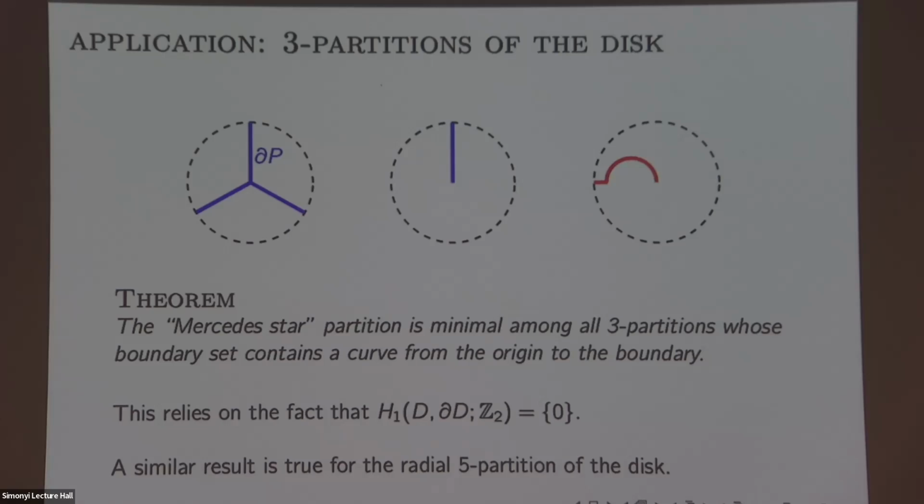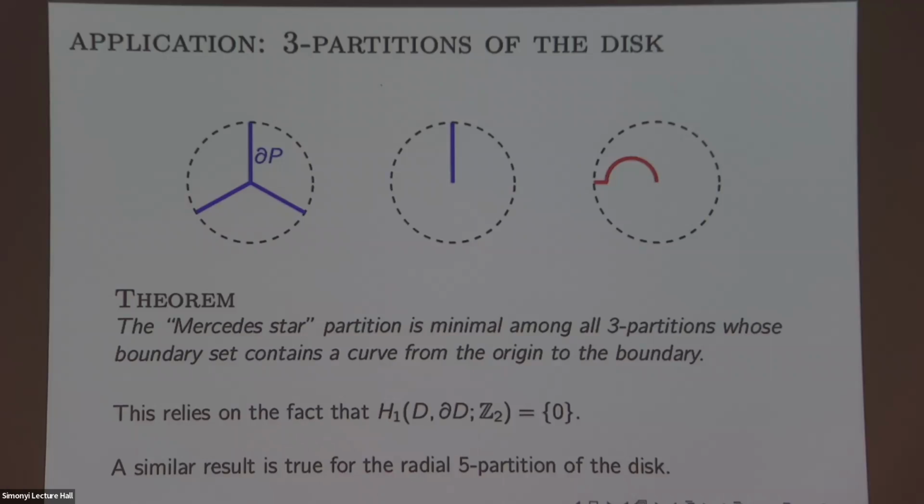In this case, it's exactly that the boundary set contains a curve from the origin to the boundary. So look at any three partition, look at the boundary set. If that boundary set contains such a curve from the origin to the boundary, then we can guarantee that its energy is greater than or equal to that of the Mercedes star partition. So that's exactly the homology class that we get in this case.